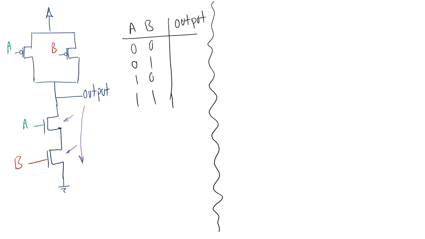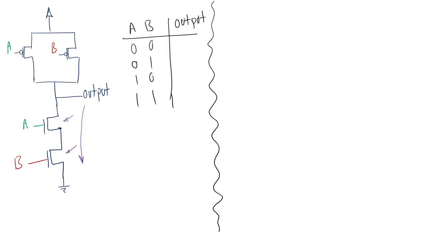And I know that the output becomes 0 only if both of these transistors are conducting, right? That's the only way that the output could be connected to ground. So it's kind of like an AND operation between A and B. We might be motivated to say this is an AND gate, but then we have to wait.